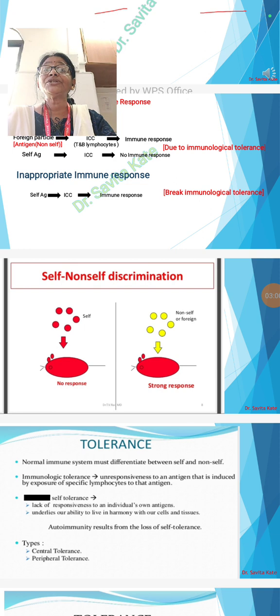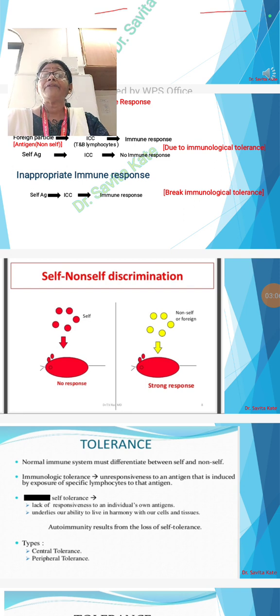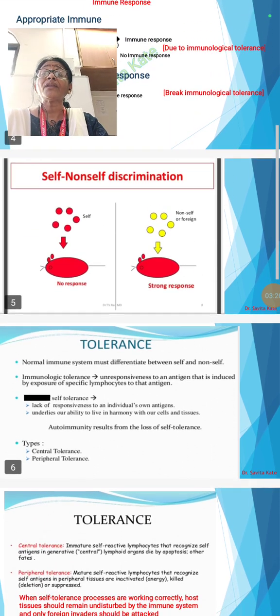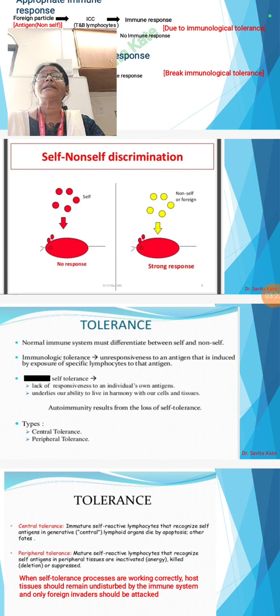Against the self antigen, in normal conditions, our immunocompetent cells never show an immune response. But whenever immunological tolerance breaks, our immunocompetent cells show the immune response against the self antigen. That self antigen we refer to as the autologous antigen, which is nothing but a self antigen.